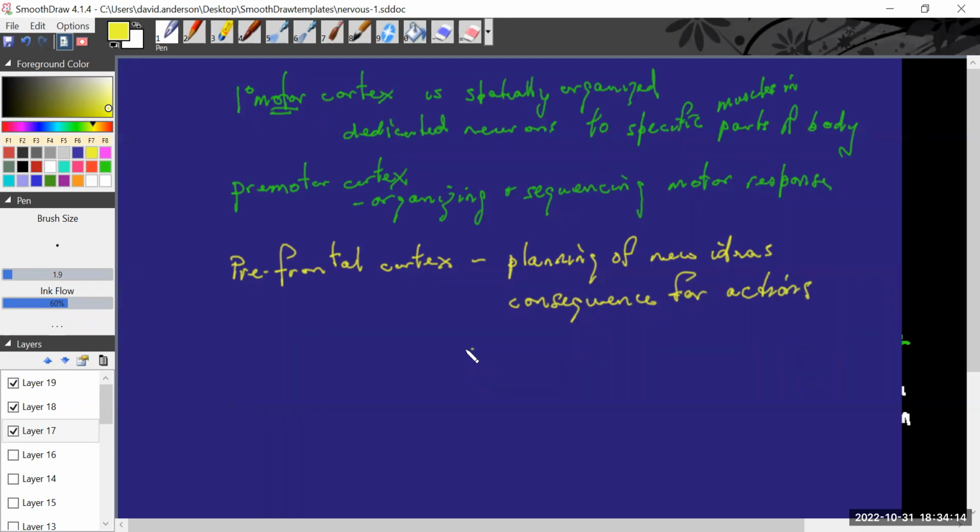So all of these things that we're listing here are higher, or the term that you'll sometimes see with respect to the prefrontal cortex is executive functioning. So in other words, more complex thoughts and recognizing consequence for actions, that's a big one.